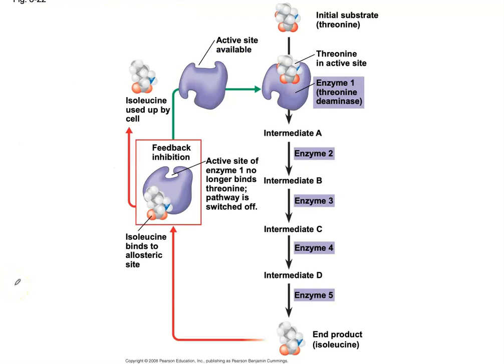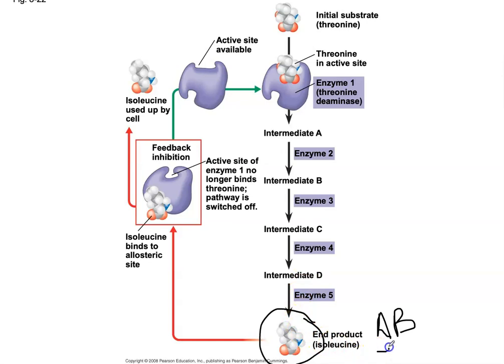So let's look at a negative feedback loop. Basically what's happening is, let's assume that you need to produce an end product. Let's call this end product AB. To produce AB, first an intermediary product A is produced, and then an enzyme comes in, and B, C, D is produced.